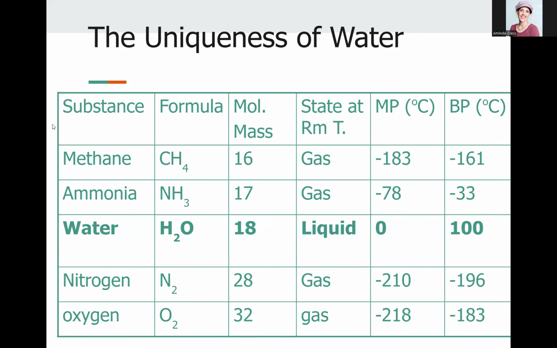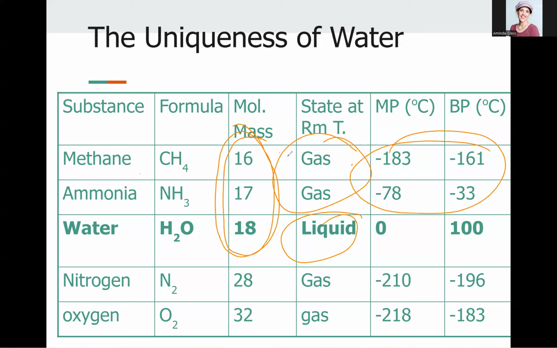So here we can look at some molecules. If you look here at methane, ammonia, and water, they all have similar molecular masses. Methane and ammonia are gases at room temperature. Water's a liquid. You can see the huge difference in the melting and boiling points as well.